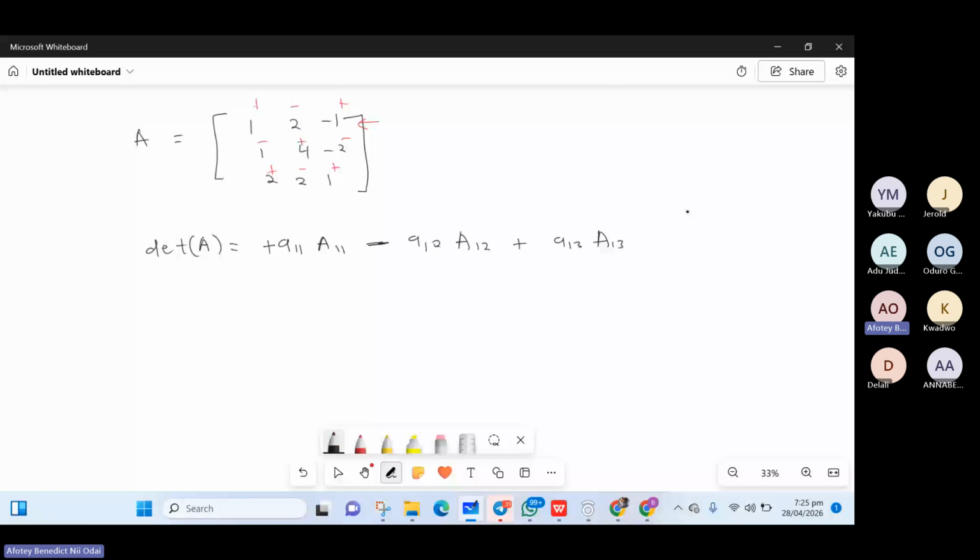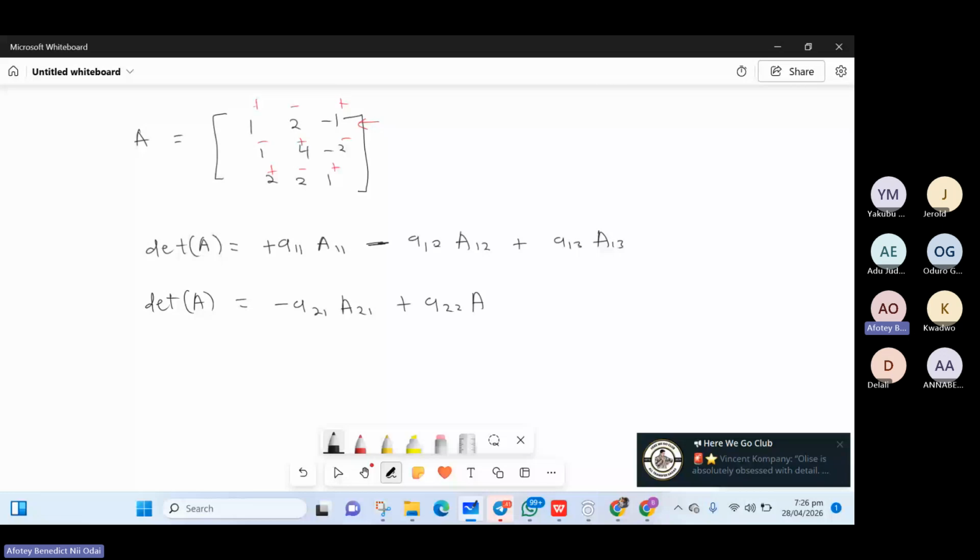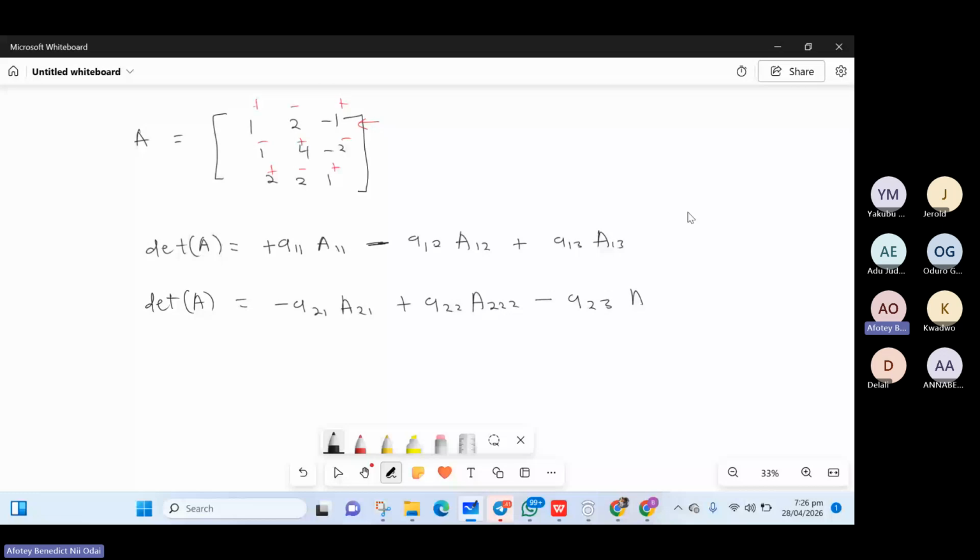If I'm finding the determinant of A using the second row, I'm going to get negative A21 times the minor of A21, plus A22 times the minor of A22, and minus A23 times the minor of A23.